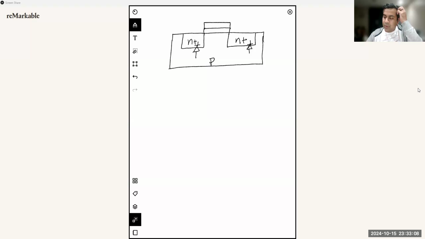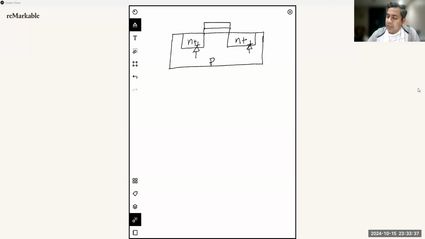To make this MOSFET operate correctly, we have to always keep these two diodes in reverse bias operation. So we do not want any kind of current to flow from the body to the source or from the body to the drain.